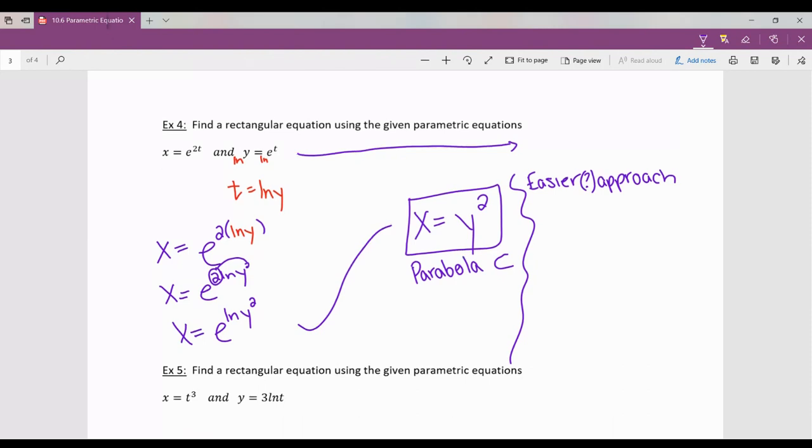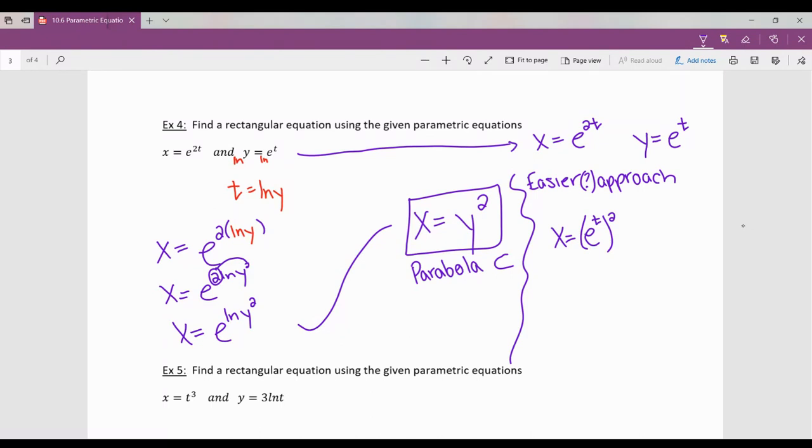All right, so for this one, we've got x equals e to the 2t, and for y, we've got e to the t. Now, they kind of have that e to the t in common. So if you notice that, I could rewrite x as e to the t, raised to the 2, because then that would become 2t.